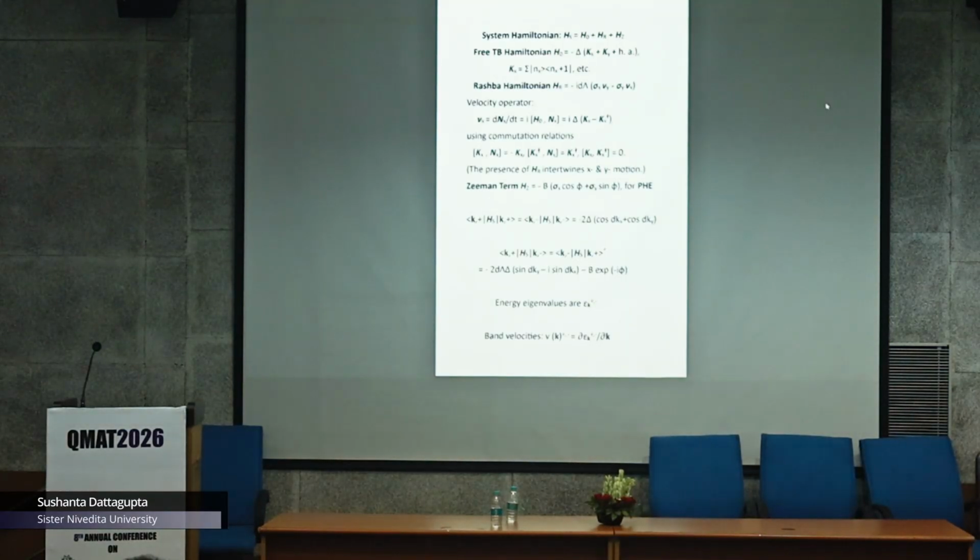Then I'll define the kx and the ky operators. Kx is in the x direction, ky in the y direction, and they're Hermitian adjoint. And what kx does is to take the electron from one site to the next nearest neighbor site. Okay? And I'm assuming the lattice spacing to be D, which occurs here. And so you have transport in both X and Y directions, and you take the Hermitian adjoint of that, and this is the simplest tight binding Hamiltonian.